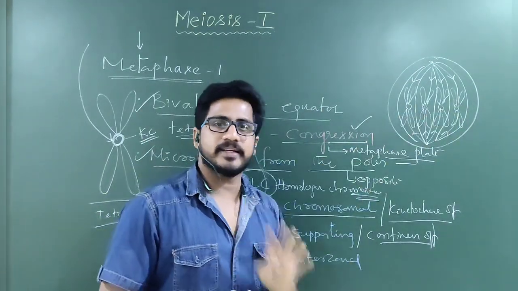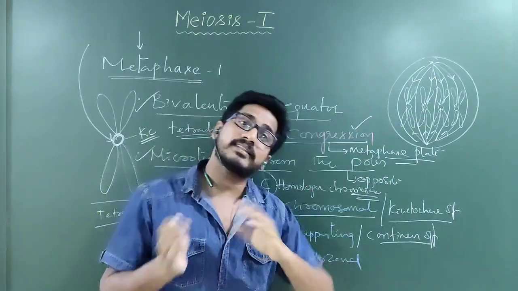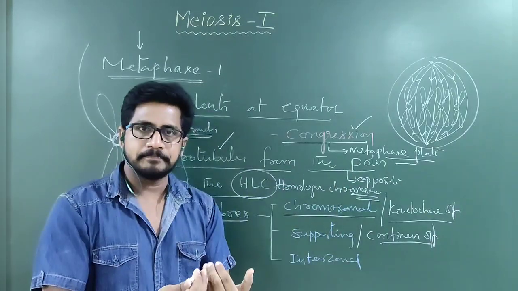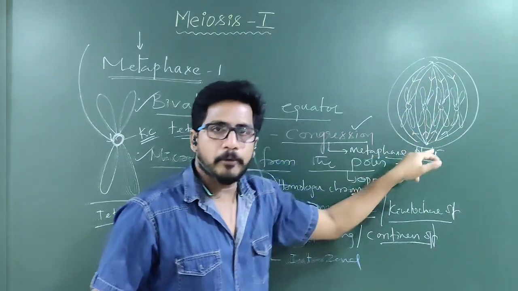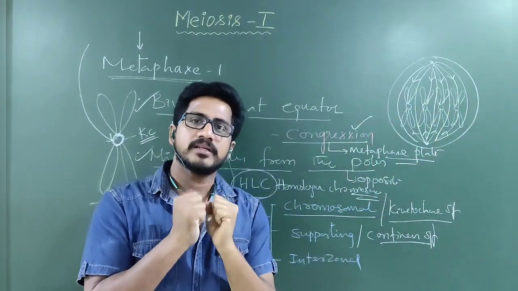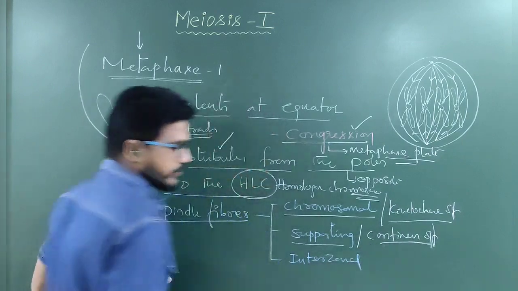But here how many chromosomes are there? 4. Out of 10, 4 will go and attach to the 4 chromosomes. Other than 4, 6 were there. These 6 are giving the strength. Because of their properties and alignments, the entire metaphase plate has some strength in it. Now they are called supporting or also called continuous.